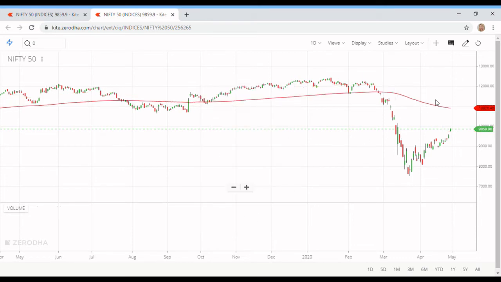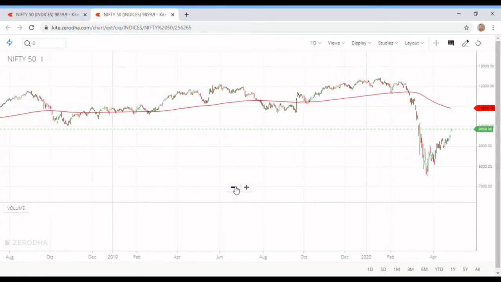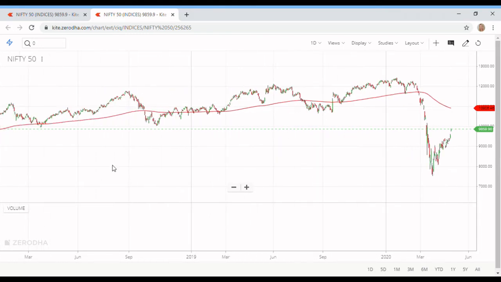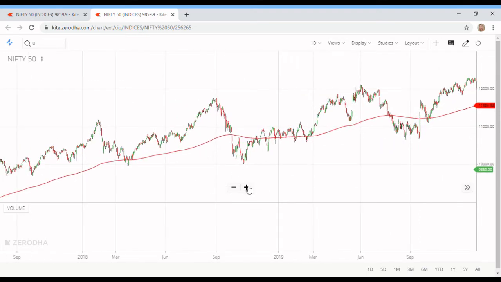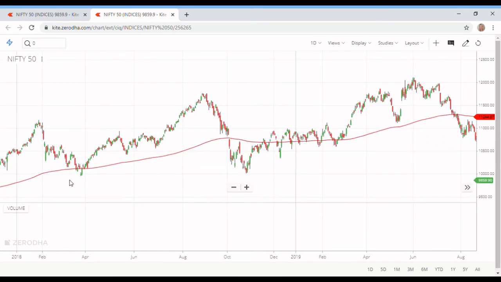This is my moving average for the last 200 periods, and this is the 1 day candle. Whenever the price crosses this moving average and doesn't come back again, you can see this level. Here it crossed the 200 moving average and started moving on.